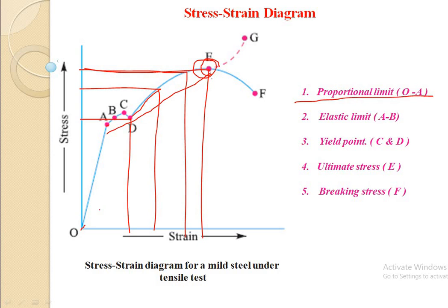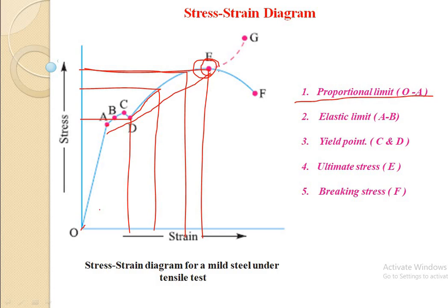Point E is known as the ultimate stress and it is defined as the largest stress obtained by dividing the largest value of the load reached in the test by the original cross-sectional area of the test specimen. Keep in mind, it is the largest load applied in a test divided by the original cross-sectional area of the specimen.